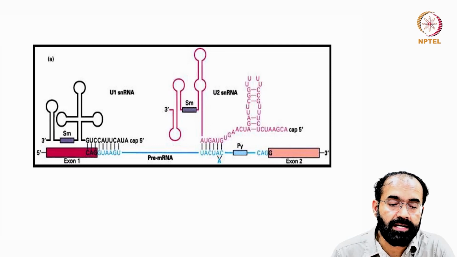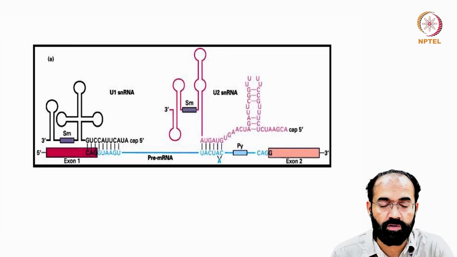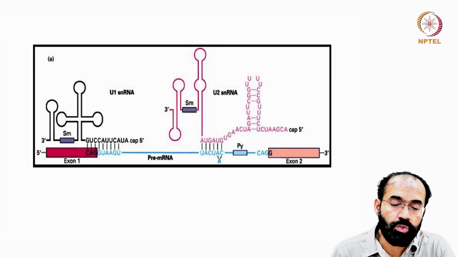So what you are seeing here is U1 snRNA bound onto the exon 1 and intron 1 boundary, whereas U2 snRNA is paired at the branch point. We call it the branch point. Why?